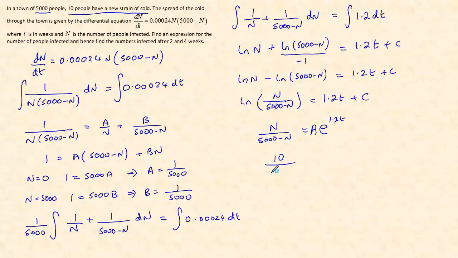So 10 over 4,990 is equal to A. So just simple cancelling, A is 1 over 499. So n over (5,000 − n) is going to be 1 over 499 e to the 1.2 t.